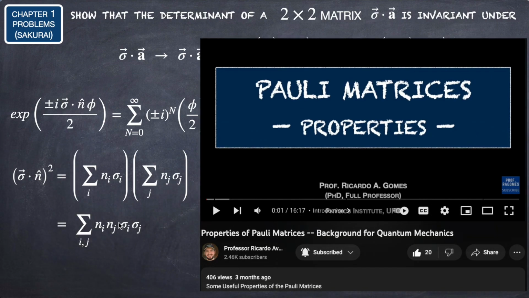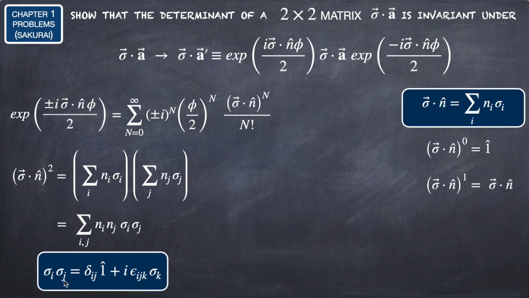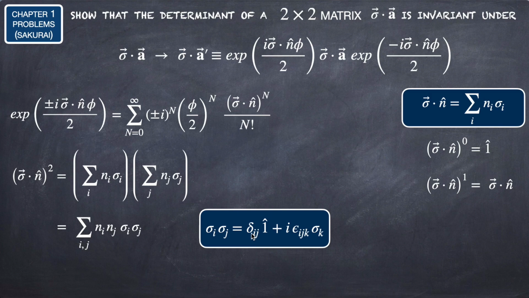So we have here a product of two Pauli matrices. And in this video, we investigate some properties of the Pauli matrices. One of them is related to the product of two sigmas: sigma_i sigma_j is the Kronecker delta_ij multiplied by the identity plus i, the Levi-Civita tensor epsilon_ijk multiplied by sigma_k. So this result is very straightforward.